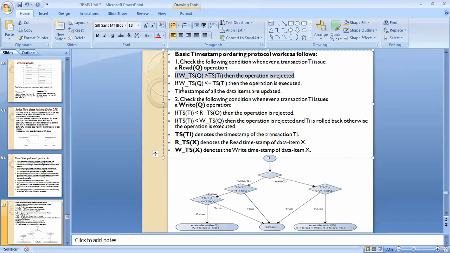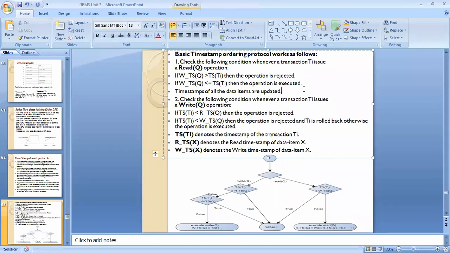If the write timestamp of Q is less than or equal to the timestamp of TI, then the operation is executed. Just remember, first come, first served. जो पहिल्यांदा आलाय त्याला पहिल्यांदा प्रायोरिटी दिली जाणार, एवढाच इथे कन्सर्न आहे टाइमस्टॅम्पचा.